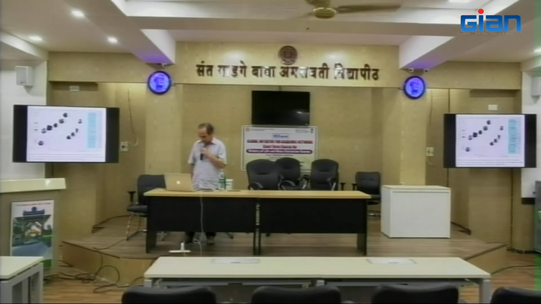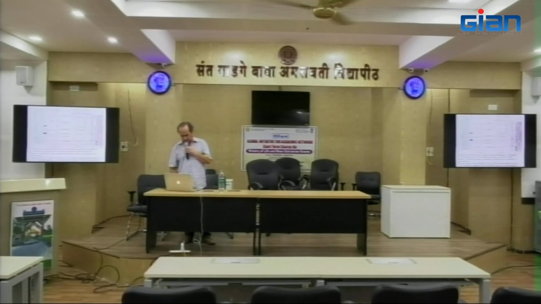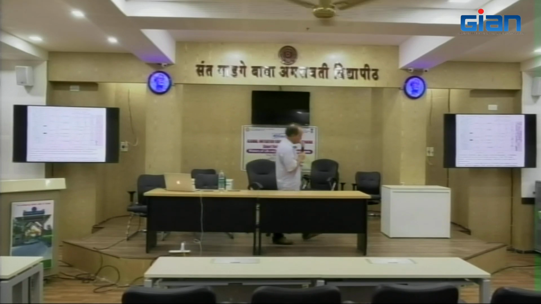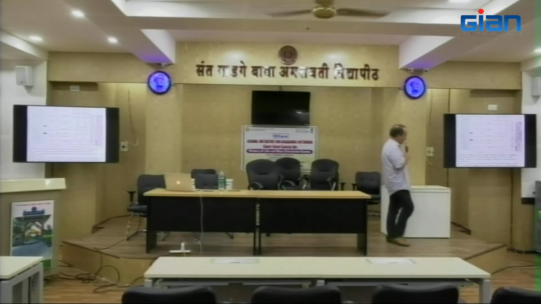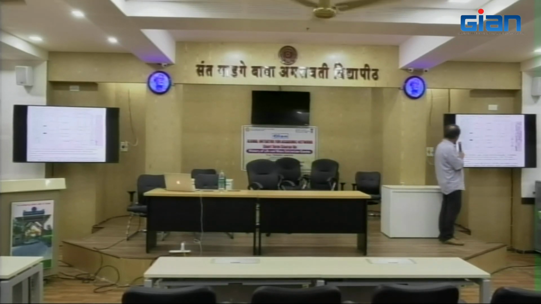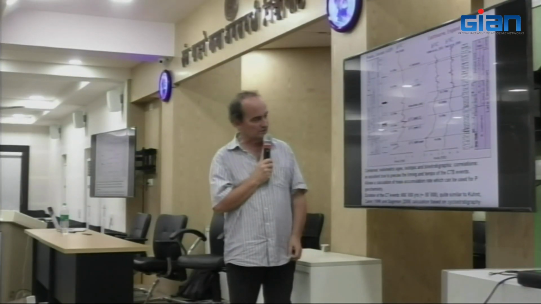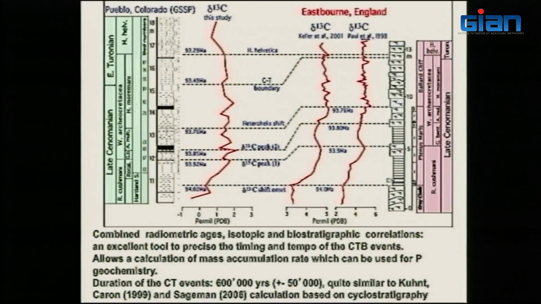And the very good news here is that we can also have absolute dating, because in this core Pueblo, this North American section, we have a lot of bentonite layers, which means that we can absolutely date by argon and zircon dating these ash layers.